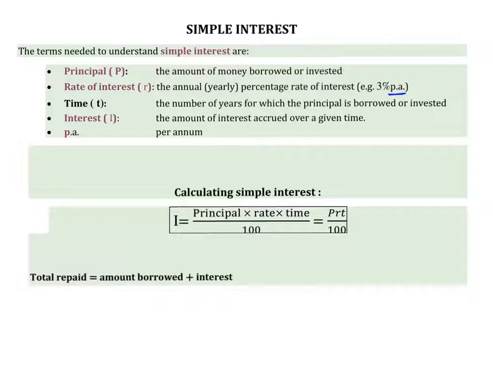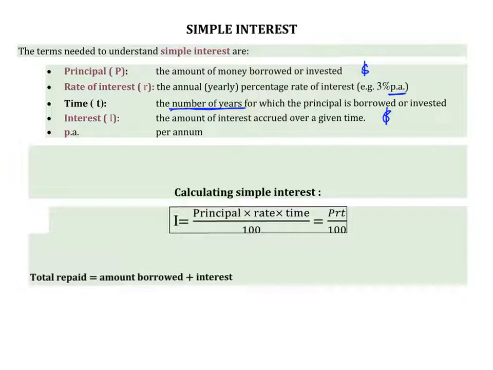Time, T, is the number of years, and that's really important. It should always be in terms of years. Interest, I, is the amount that you will earn, and that is in dollars. All right, as is principal, that is in dollars as well.